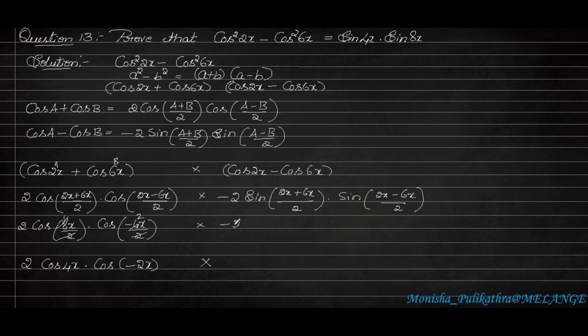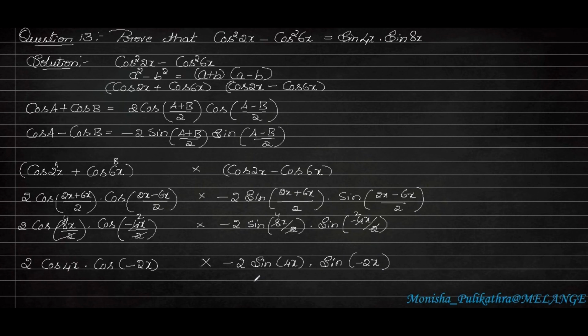So it will become minus 2 sin 8x divided by 2 into sin minus 4x divided by 2. Here 2 4s are and here 2 2s are. So it will be minus 2 sin 4x into sin minus 2x.